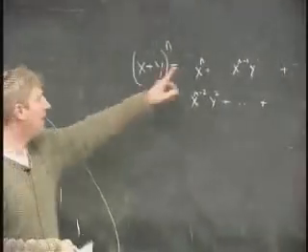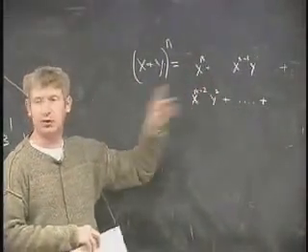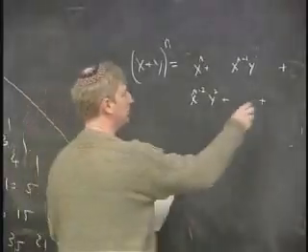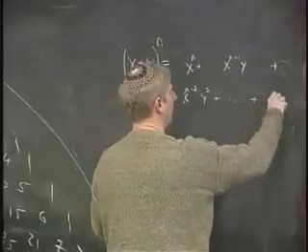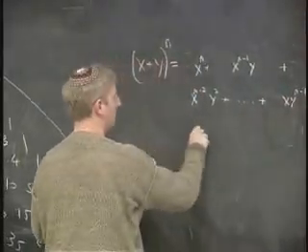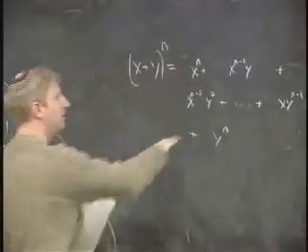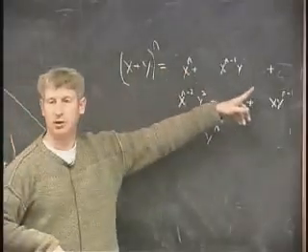So if you notice, I got all x's here, I got all x's except 1, I got all x's except 2, and this goes all the way down to, what's the second to last term? X, y to the n minus 1, and then y to the n. All right, so that part's okay, but the question is what numbers come in front of each of these terms?